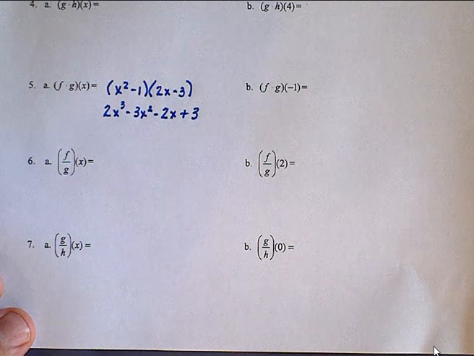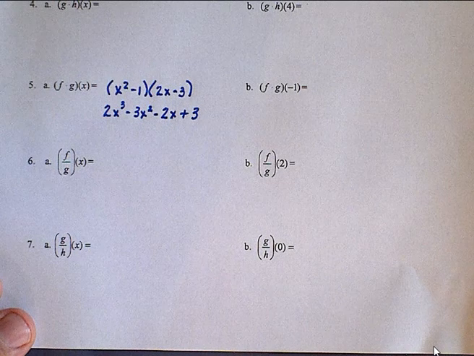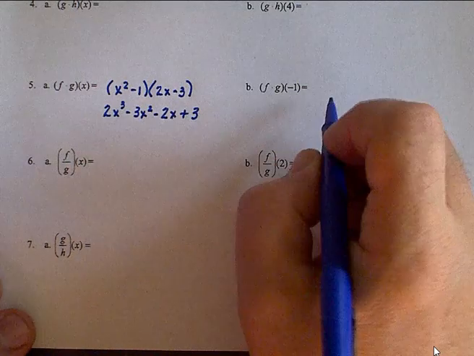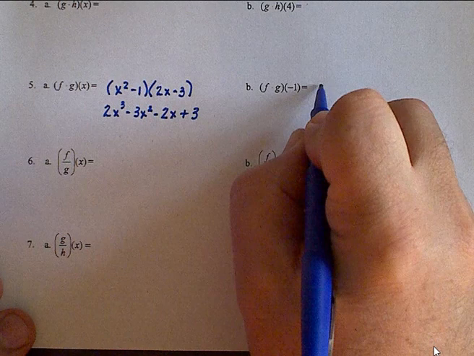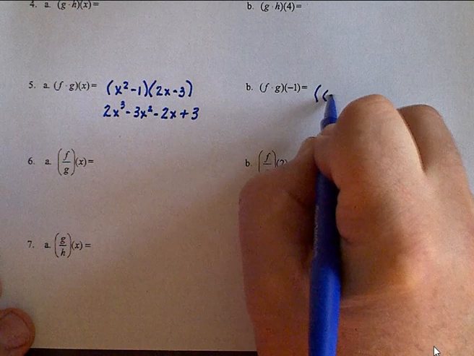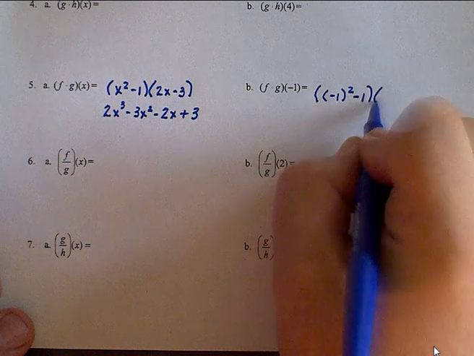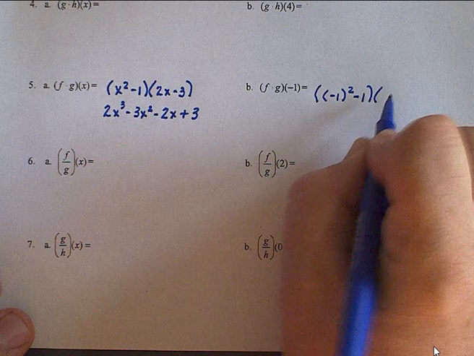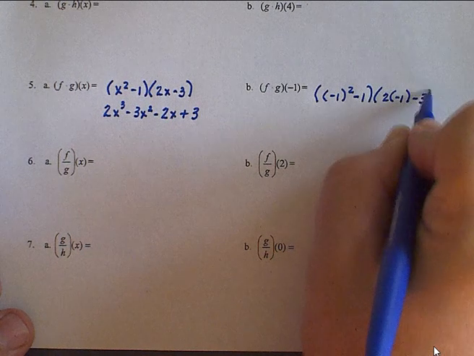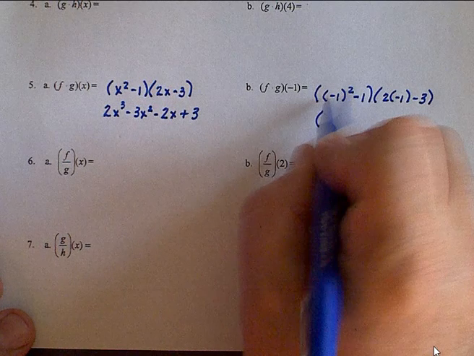Okay. Now again, part B. You can take the negative 1 and plug it in for x, or plug the negative 1 into both originals and then multiply the results. So if I have negative 1 squared minus 1 times 2 times negative 1 minus 3, then I get negative 1 squared is positive 1.